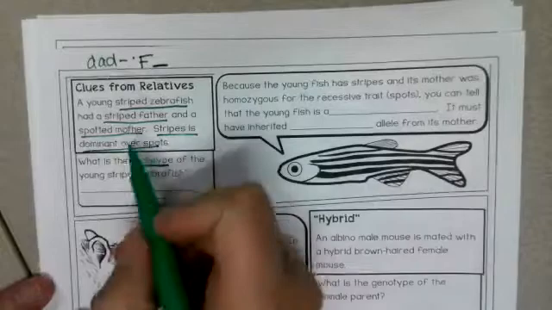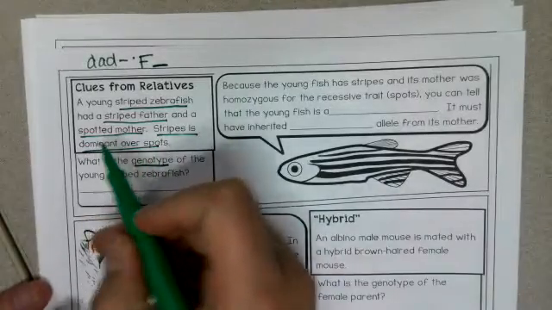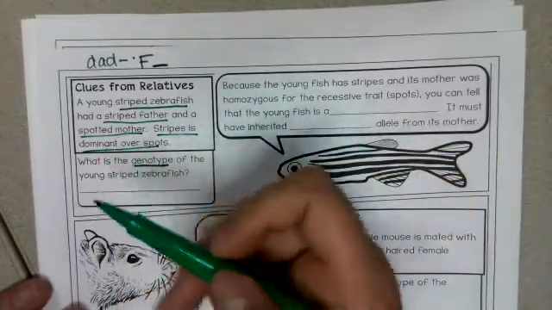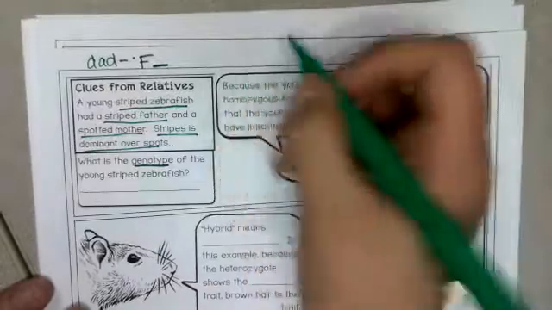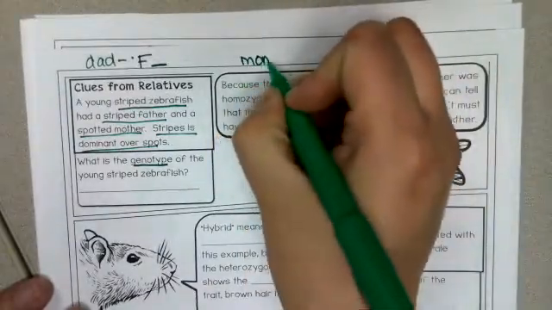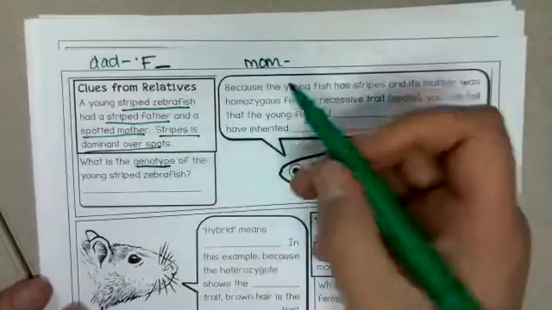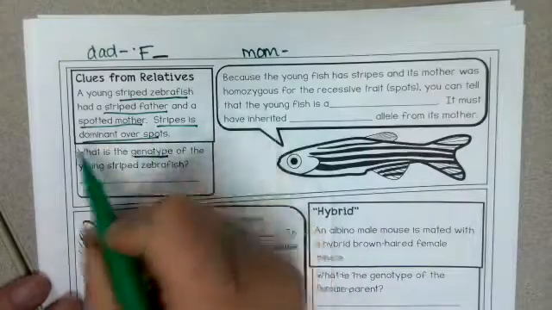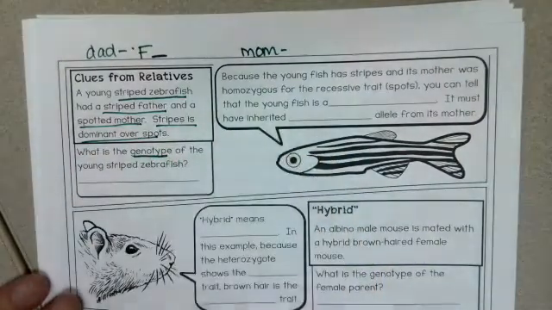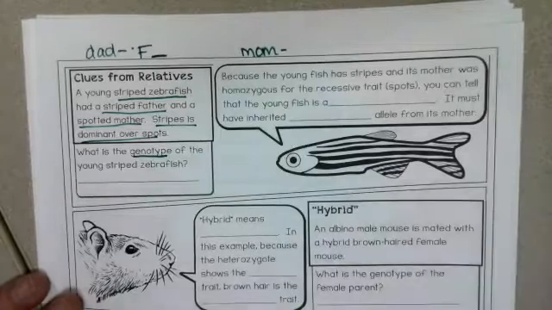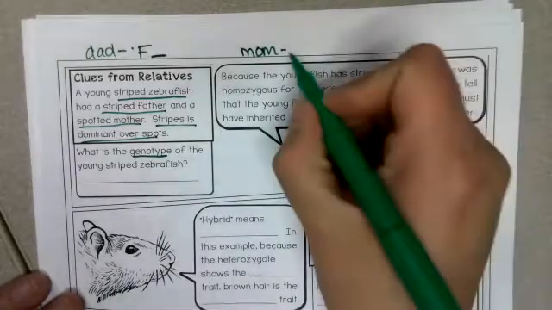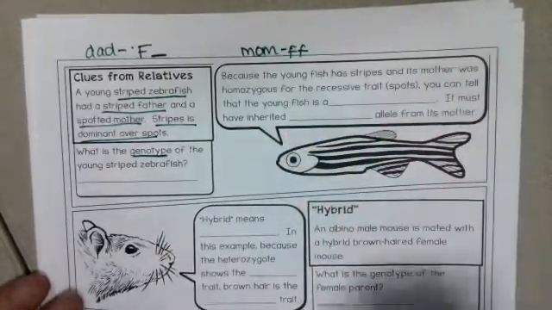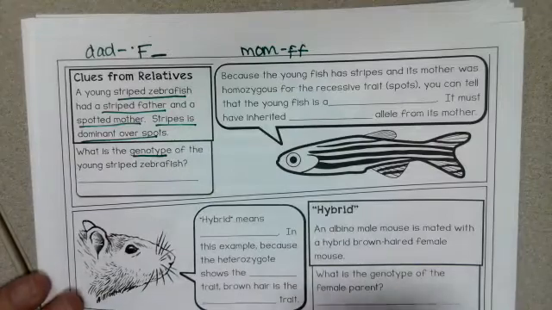But if we take a look at the mom, the mom, on the other hand, is spotted, okay? And because we know that stripes is gonna be dominant, we can assume that spotted is going to be recessive. So we definitely know what our mom's genotype is going to be here. Because she's showing a recessive trait, and a recessive trait will only ever show if there is no dominant trait present, we know that mom's coding is definitely for sure going to be 2 lowercase f's, or 2 recessive alleles, okay?